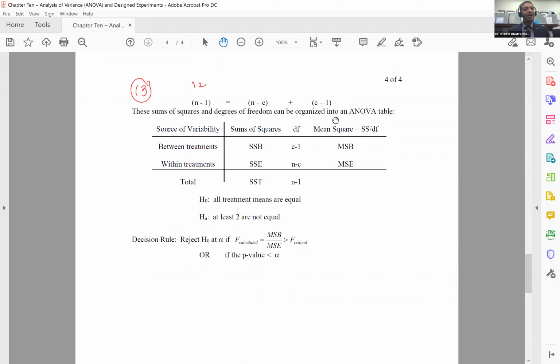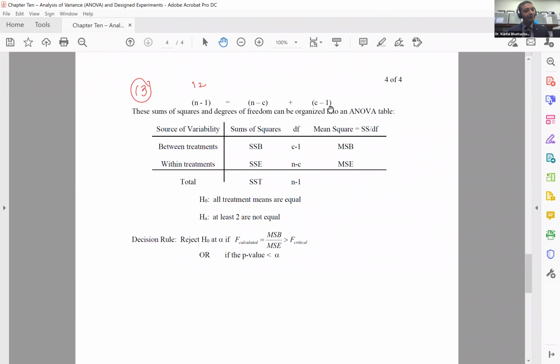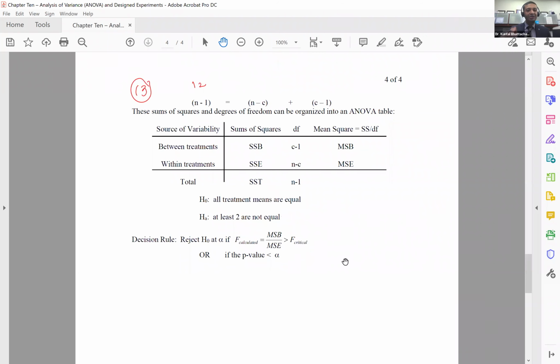So when you are talking about between treatments, if there are 4 treatments or C equals 4, the degrees of freedom are 3. And then the remaining 9, your N minus C, is the degrees of freedom for your errors. Okay, so that just becomes a given.